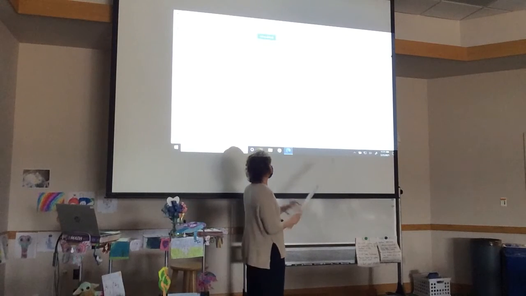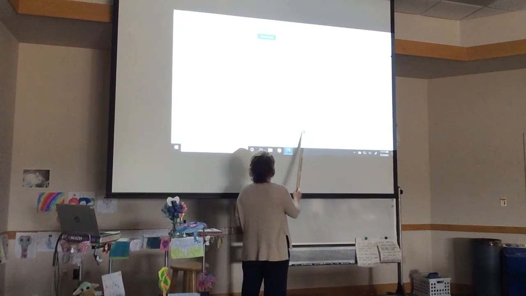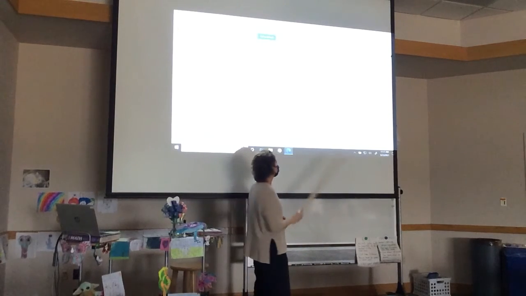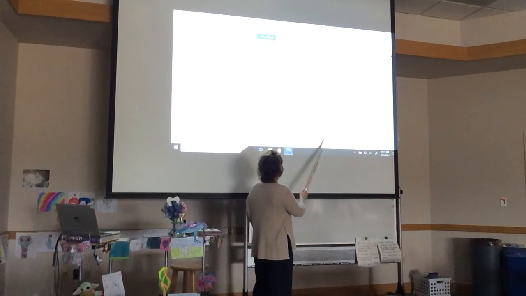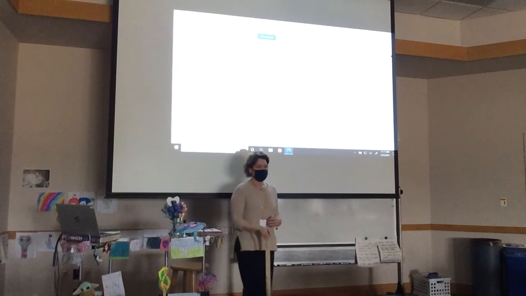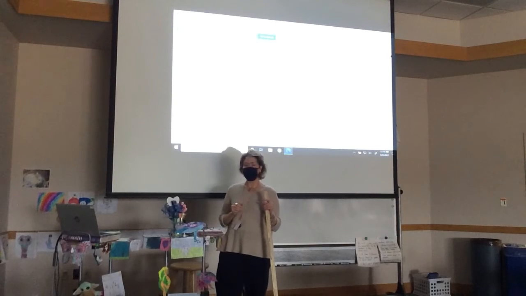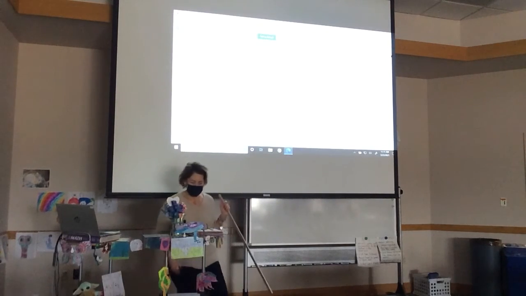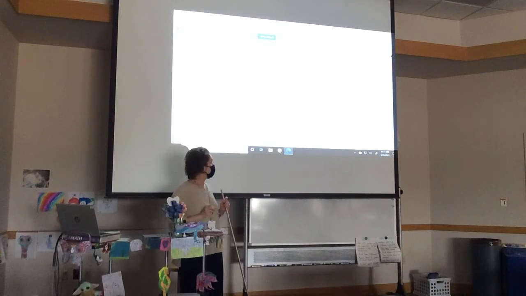The triangles. Let's count them. 1, 2, 3, 4, 5. I got it, unless you're seeing some random triangle running around. Could happen. So what is our fraction, friends? 5/14. Correct.